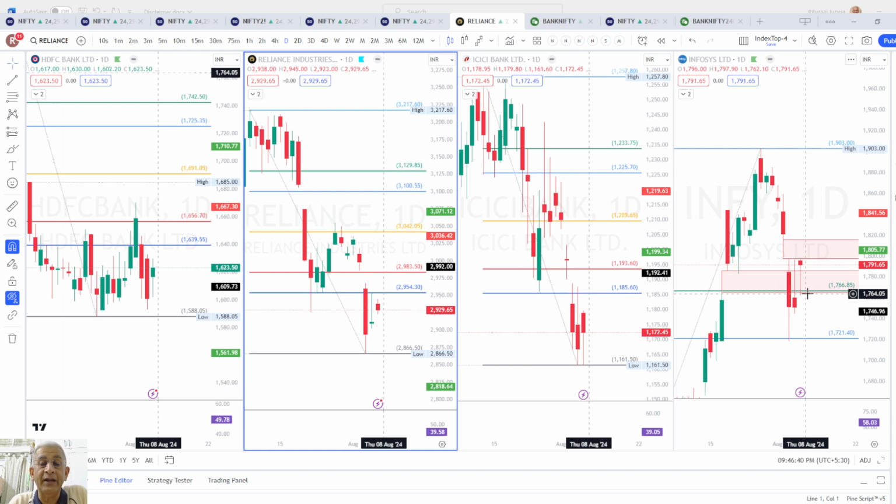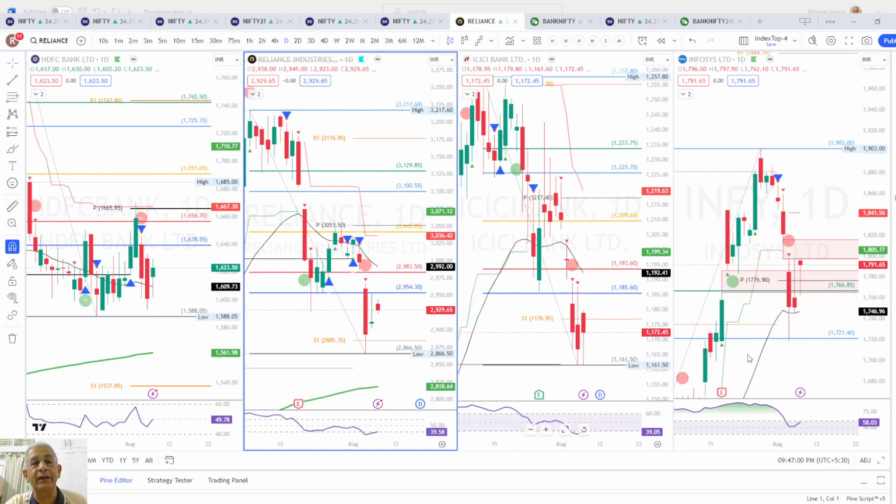I've hardly used any indicators to explain the price action, purely the candlestick patterns as well as the levels, including retracements and pivot levels. Bring up the indicators to get the confirmation of your view, nothing beyond that. I can use multiple types of indicators, but then price action is supreme.